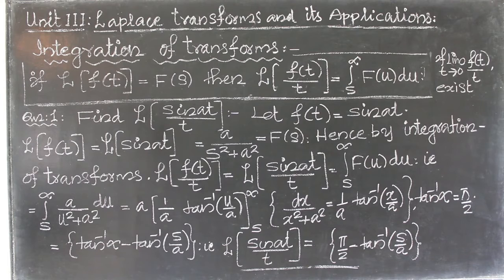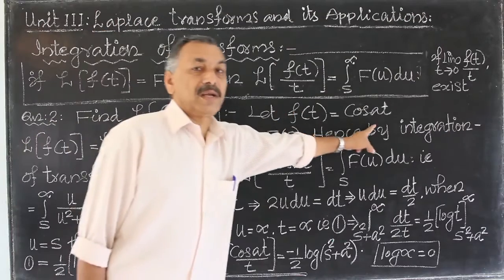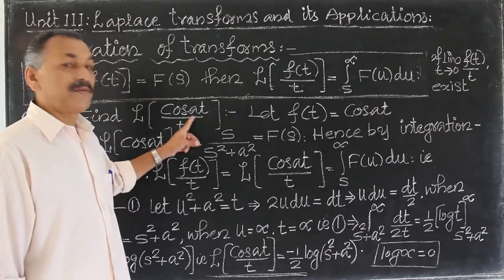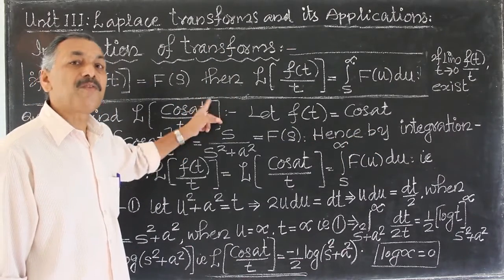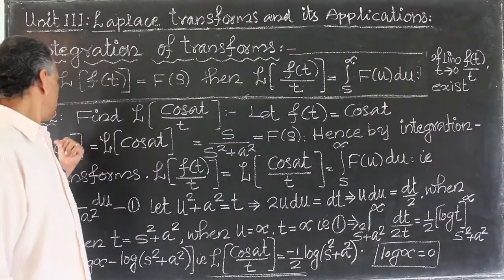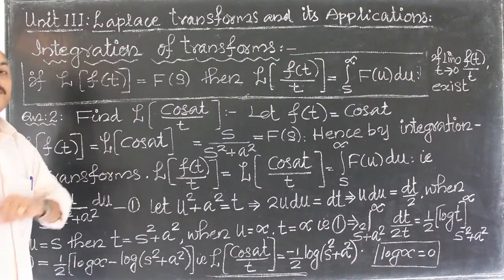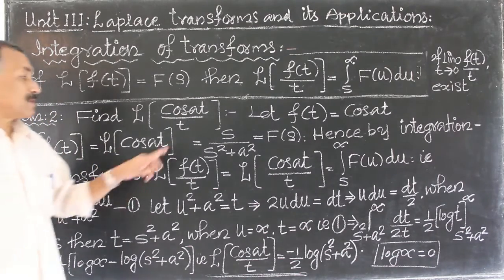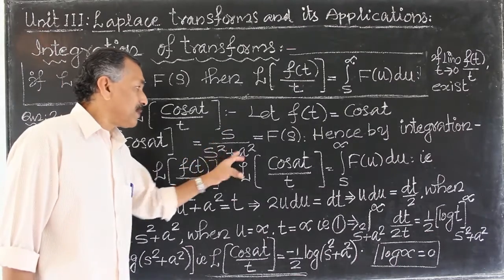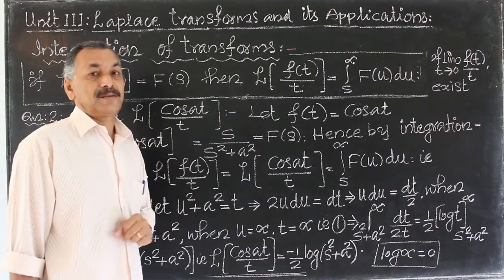Laplace transform of cos a t by t. Similarly, f of t is equal to cos a t. That means the given problem cos a t by t is f of t by t. And what is the Laplace transform of f of t? L of f of t is equal to L of cos a t. The Laplace transform of cos a t is equal to s divided by s square plus a square, equal to F of s.